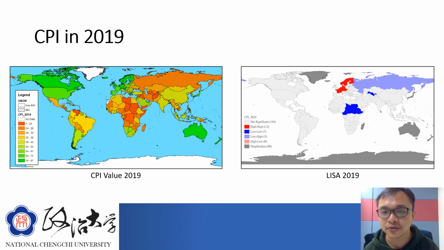They are island countries, so there's no border that I can compare with. That's why they are marked as borderless, and I cannot include them. But if you look at their CPI level, they're quite okay.